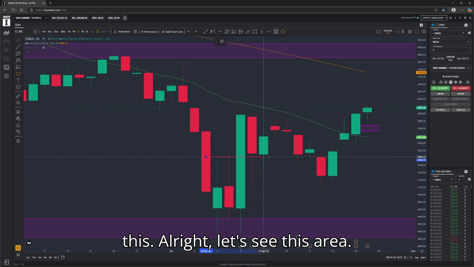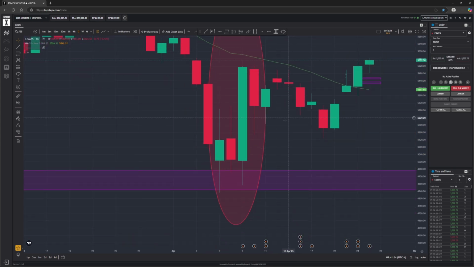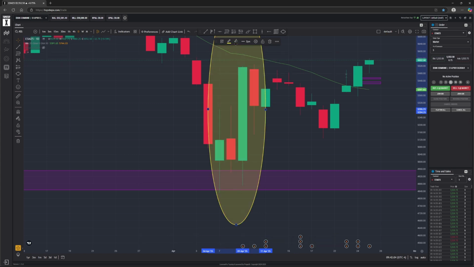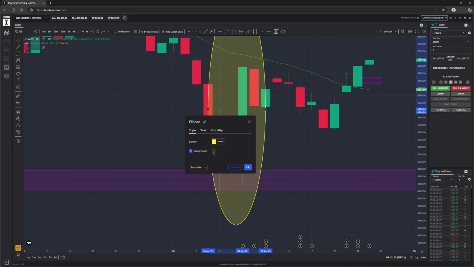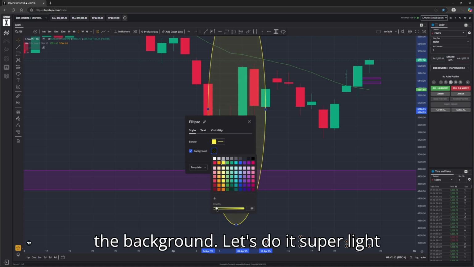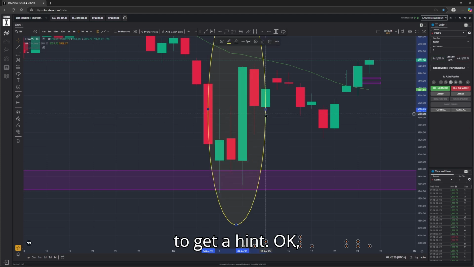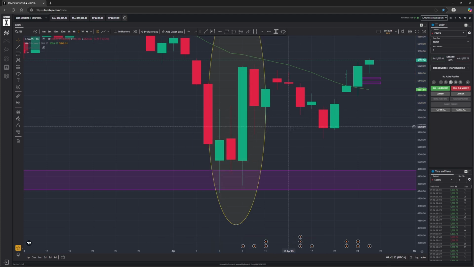So, let's see this area. The ellipse, I like it yellow. The inside, I like it yellow as well. And let's see the background. Let's do it super light to get a hint. Okay, and we'll do this at 1.